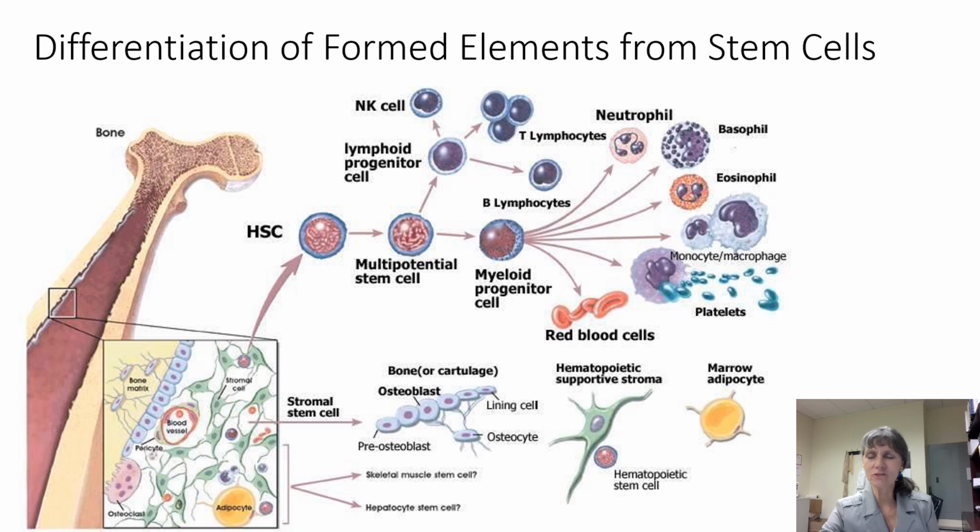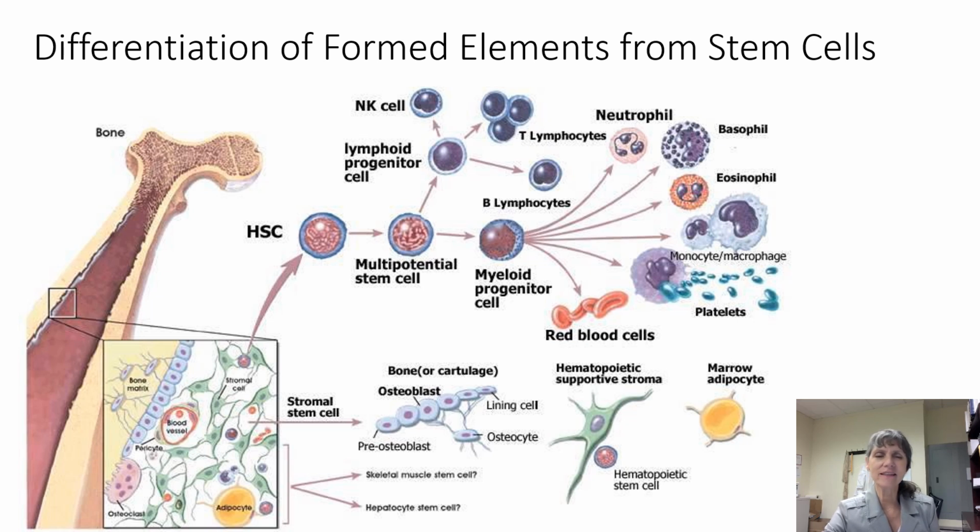And when that cell divides and creates more of itself, one of the two cells that is formed during mitosis is going to turn into what's called a multipotent or multipotential stem cell. And this multipotential or multipotent stem cell can turn into a lymphoid progenitor cell that can turn into either natural killer cells, T lymphocytes, or B lymphocytes.